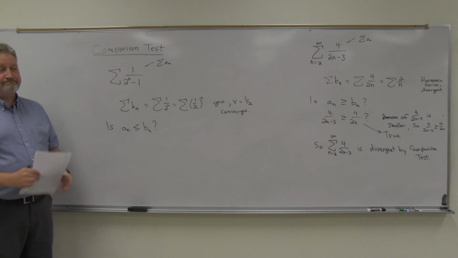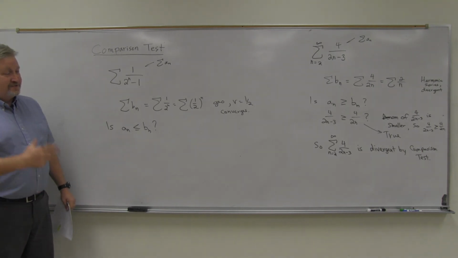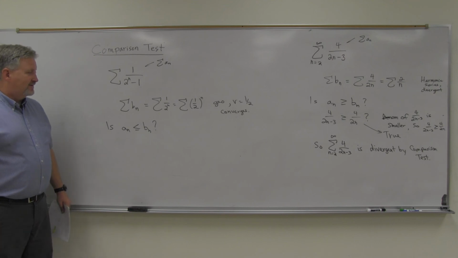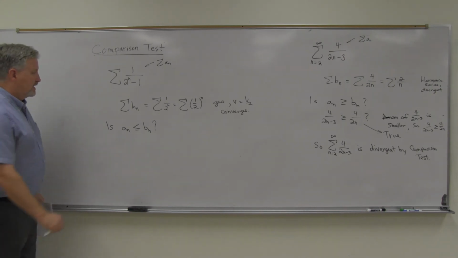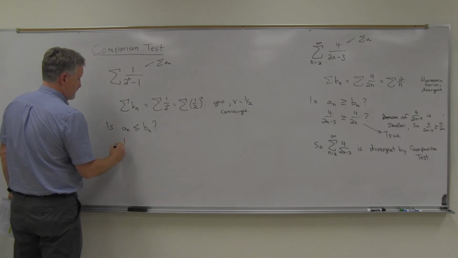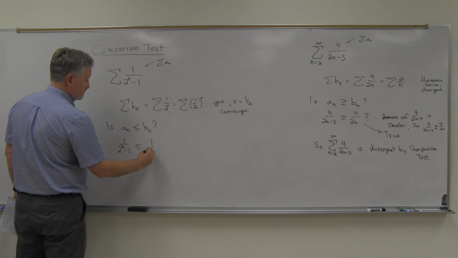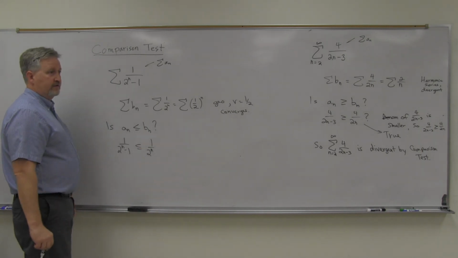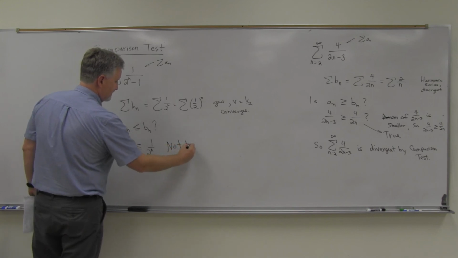And this is one that shows you can't just assume. You know what assuming does usually. You can't just assume that it's going to work. Yeah, because a sub n is 1 over 2 to the n minus 1, less than or equal to 1 over 2 to the n. That's not true, is it? Why?